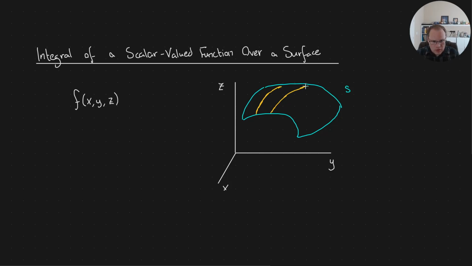Okay? We could use our parameterization. We're going to parameterize this surface so that any point on the surface we can find using two values, u and v, two parameters.